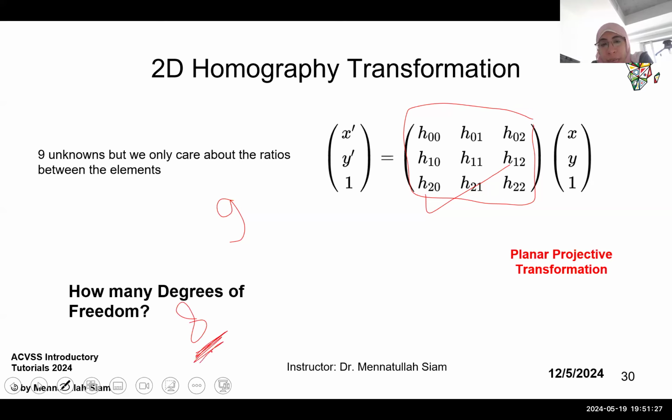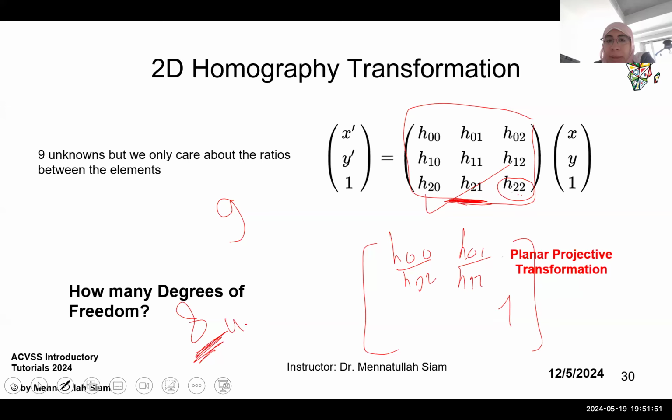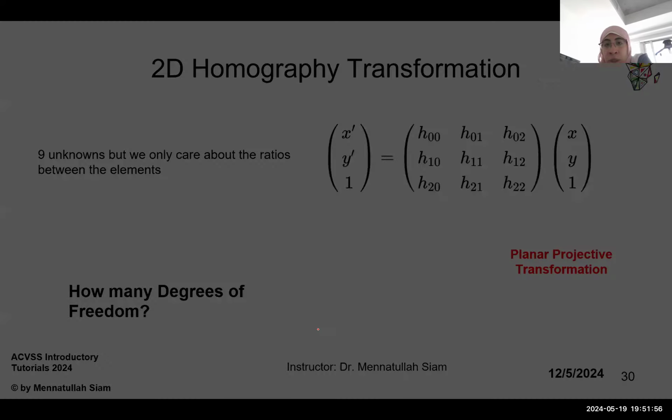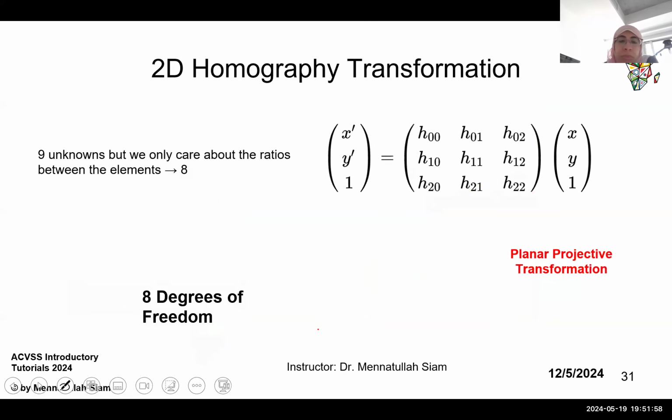The reason it is 8 is because we are taking into consideration the ratios with respect to H22. So whenever you're computing the homography, it's up to a scale. So assume H22 as 1. So everything else becomes H00 over H22, H01 over H22, and so on. So this is your matrix. So it becomes 8 unknowns, like 8 parameters or 8 degrees of freedom that you can change in your transformation.